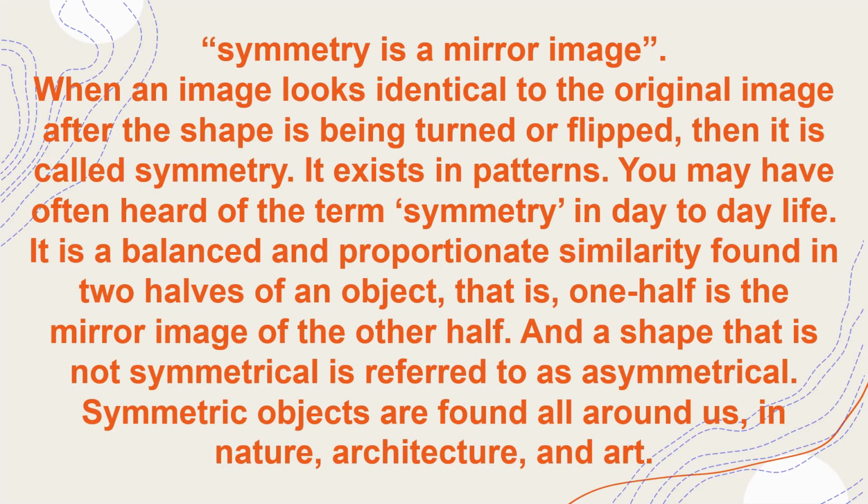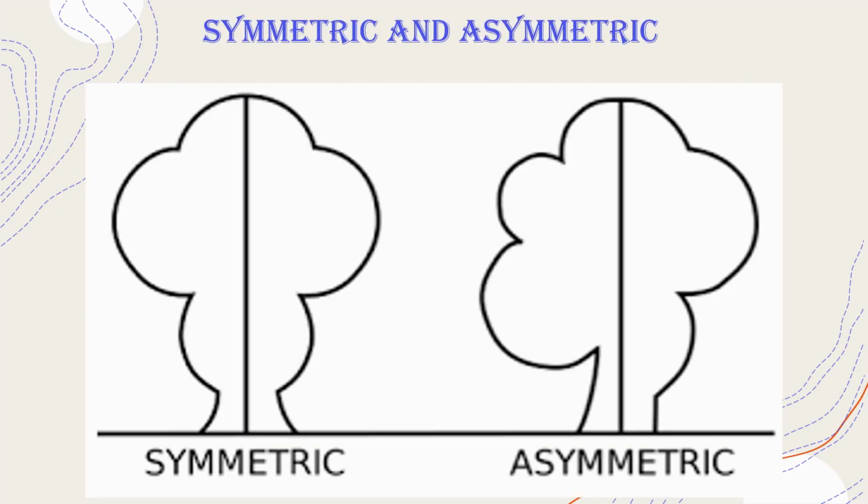Symmetric objects are found all around us in nature, architecture, and art. So here in this picture, you can see that one half of this is the mirror image of the other half, and the shape is symmetrical. So that we call a symmetric object.